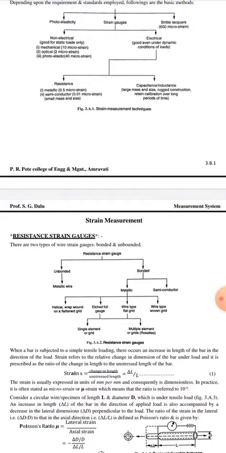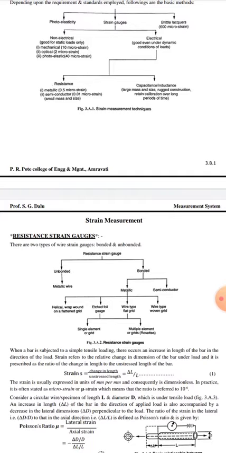In that case, one end of the cylindrical rod is fixed and on the other end a downward tensile force is applied. Because of the downward tensile force, some elongation of the cylindrical rod will take place.